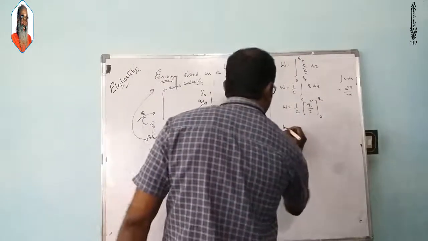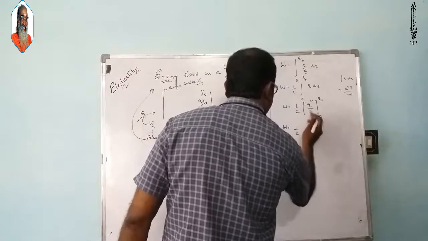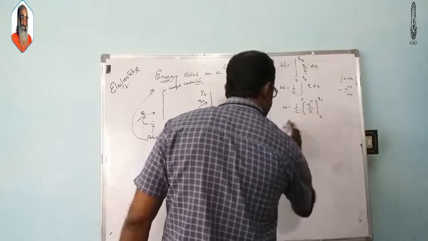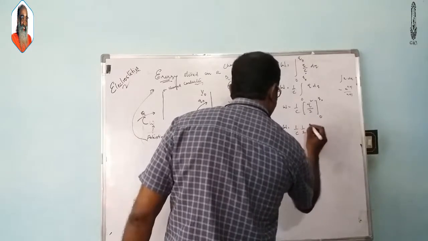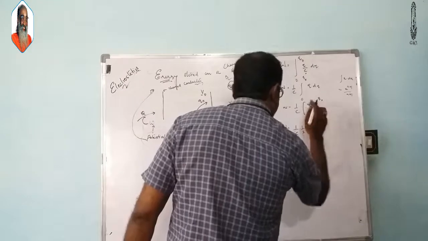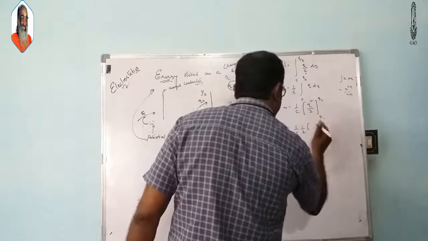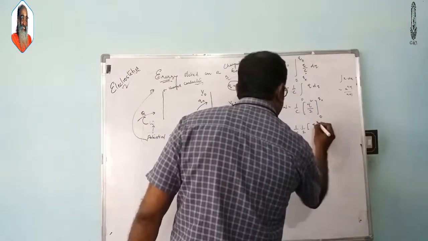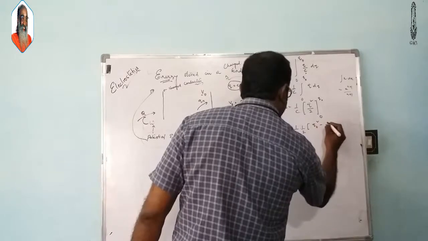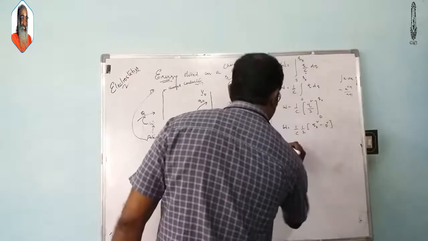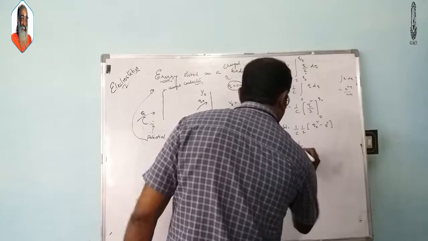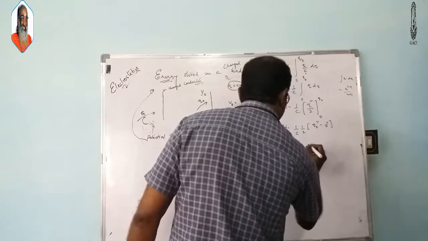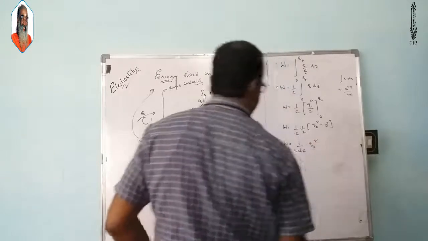So W is equal to 1 by C. This 2 is also a constant, pull it out, 1 by 2. Substituting the upper and lower limits, it is Q naught square minus 0 square. So W is equal to 1 by 2C Q naught square.